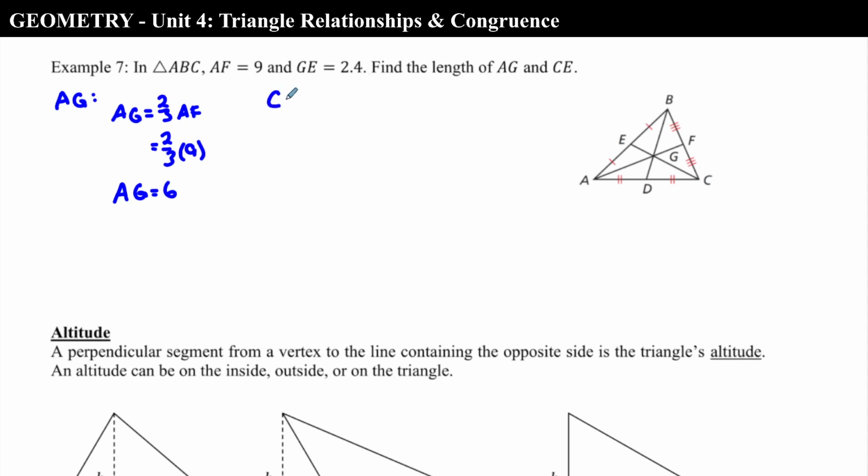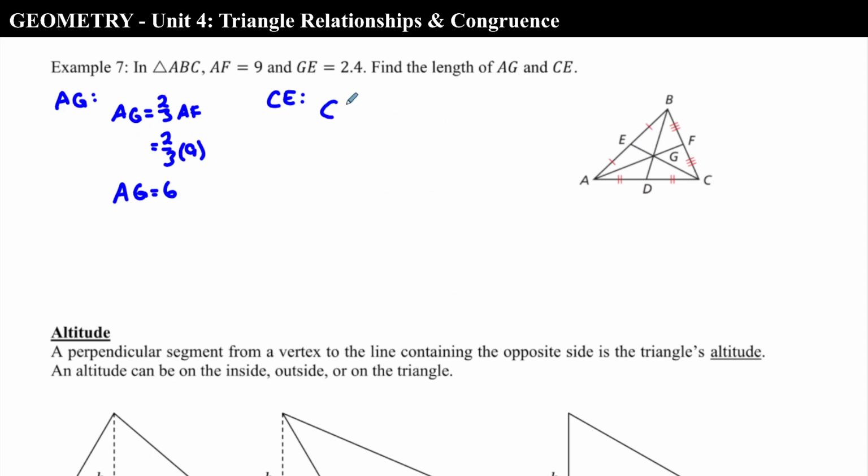Now, we're looking to find CE next, so we're going to use this GE measurement. GE here is this part. CG is this part, and we're looking for CE. CE is the length of the whole thing.